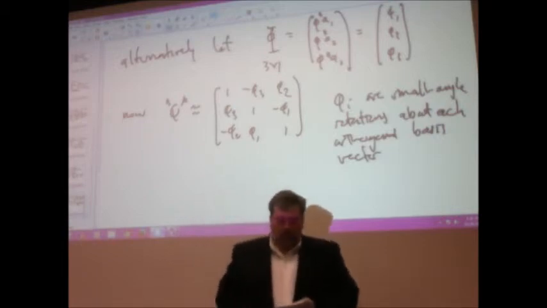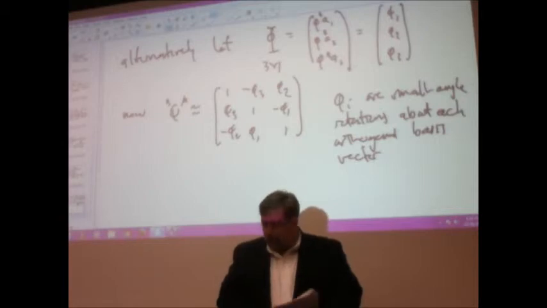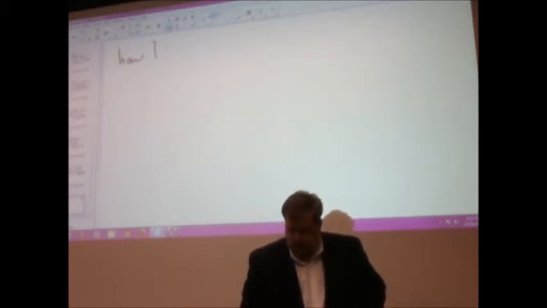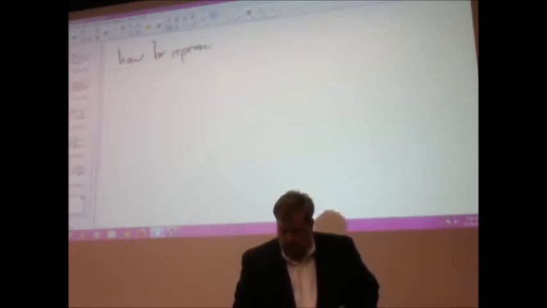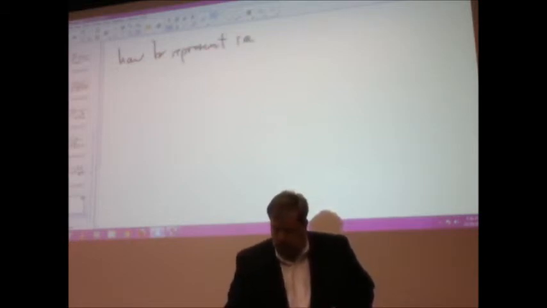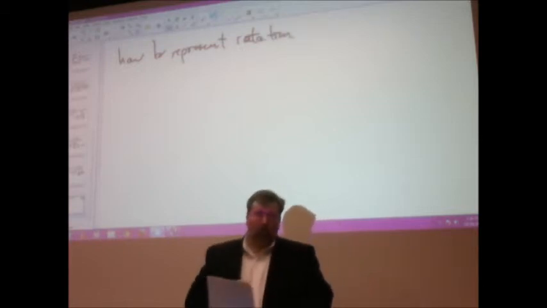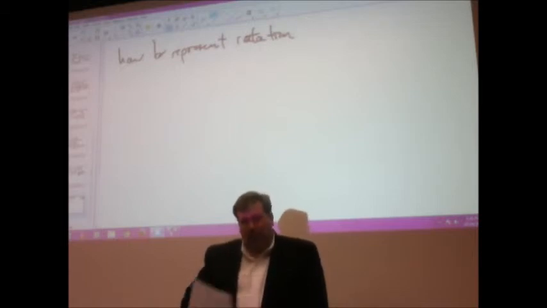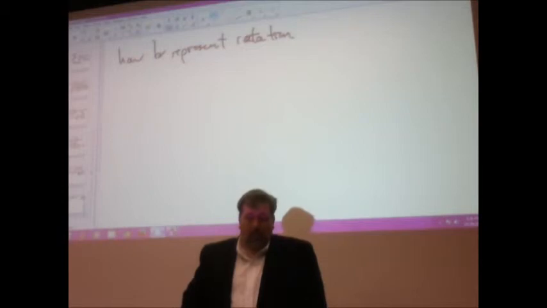But this gets us to where we want to really be thinking about what's the best way to represent rotation. I mean, all these manipulations are all well and good. They're useful to have. But if we need to carry some numbers around in our pocket to use to describe the rotation from one coordinate system to the next, what do we use? I will give you some options.